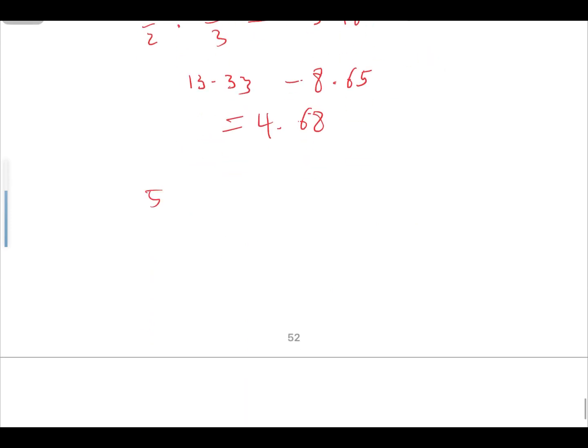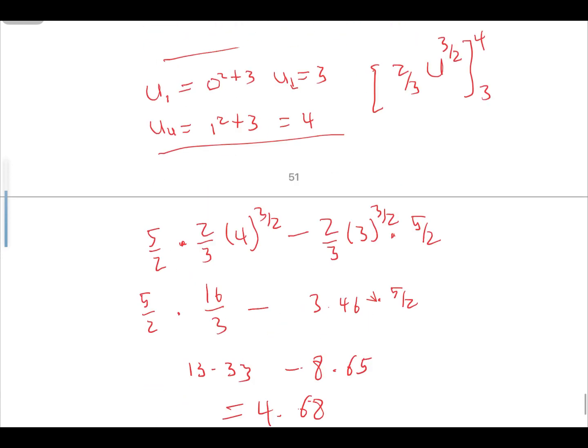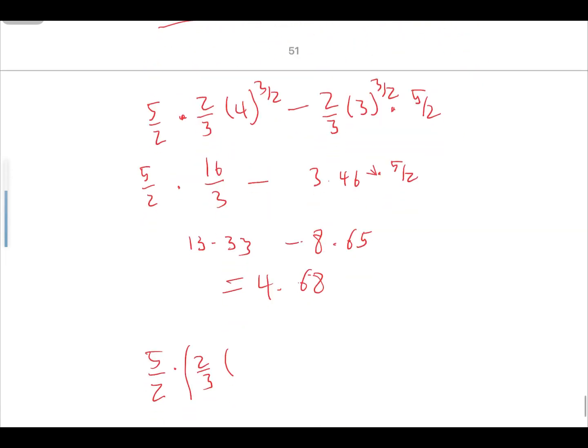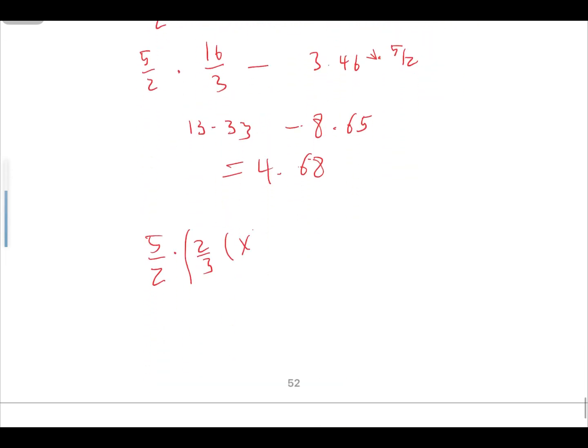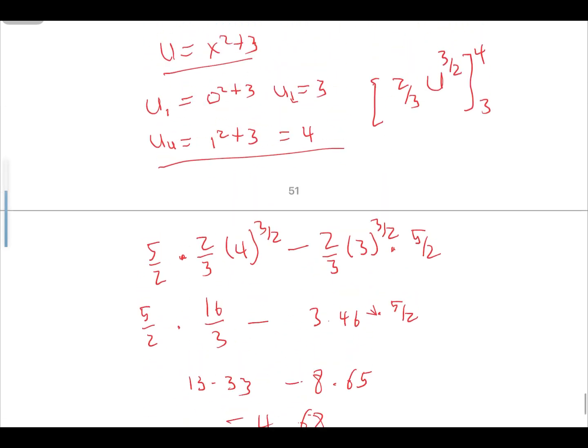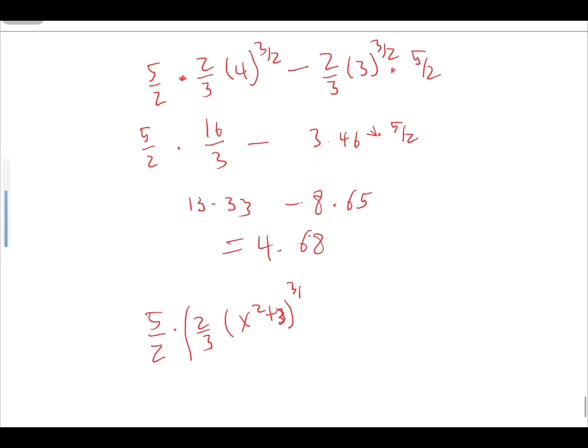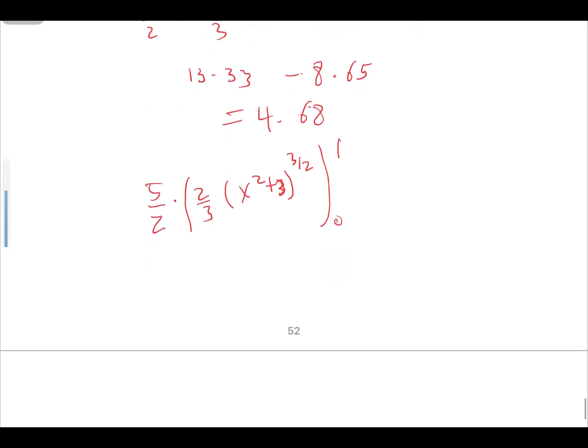So when we substitute the u back, we are going to get this 5 on 2, and then we have our 2 on 3, and then our u, 8x squared plus 3, and then when we are done, it's power 3 on 2, and then the limits are from 0 to 1.